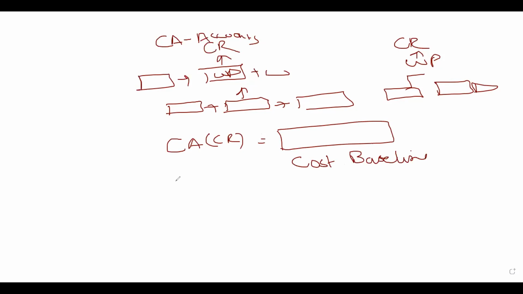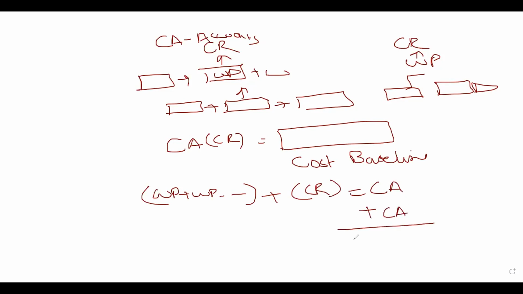What is a baseline? Cost baseline, let me repeat it again. Above all work packages, you will add contingency reserves, so you will get control accounts. When you add all control accounts, we get the cost baseline.